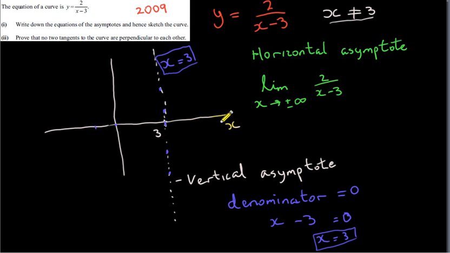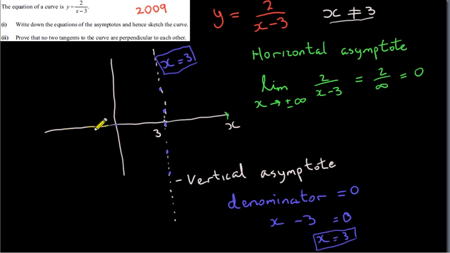So for very large positive values of x, our function will approach 2 over infinity. Well, infinity minus 3 is essentially infinity, so we're going to have 2 over infinity if you like. This is an abuse of notation. Infinity is not actually a number, but this is essentially 0. So as x approaches infinity, our function will approach 0, but will never actually get to 0.